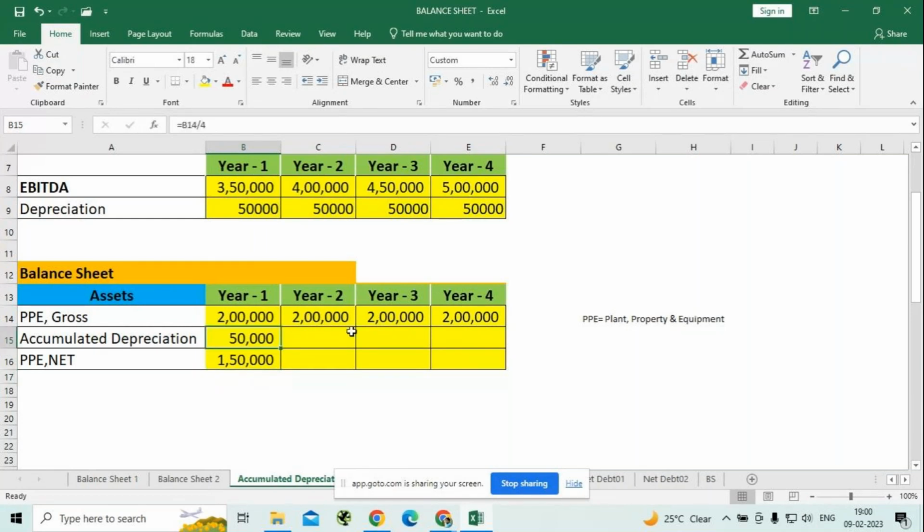But when it comes to year 2, it will be the current year's depreciation value divided by 4 plus the previous year depreciation value. So this becomes 1 lakh. So the value of an asset minus accumulated depreciation.